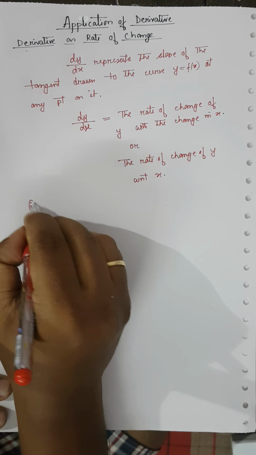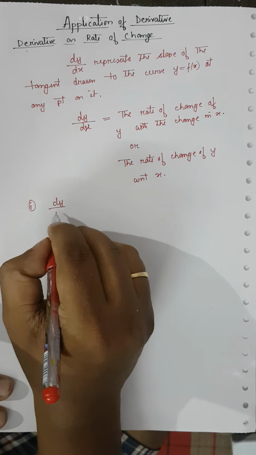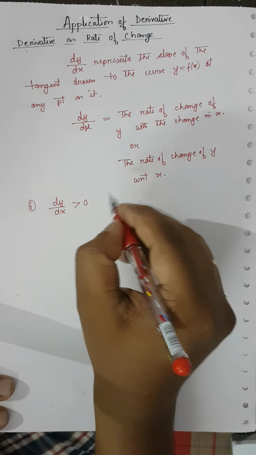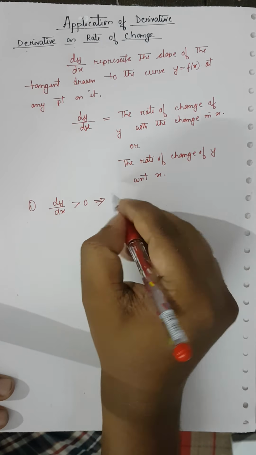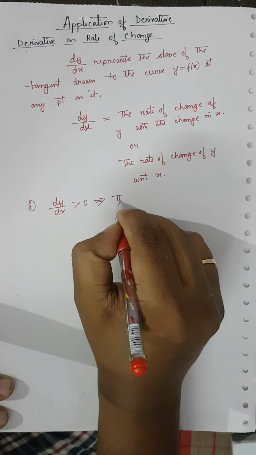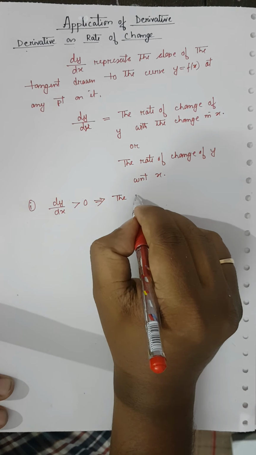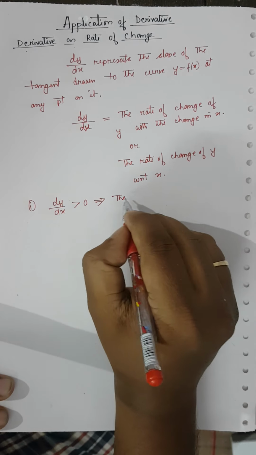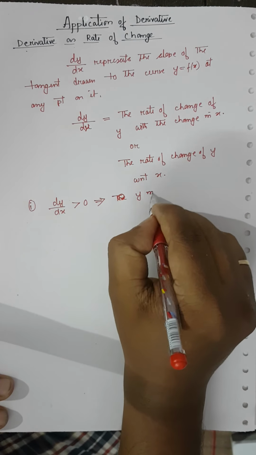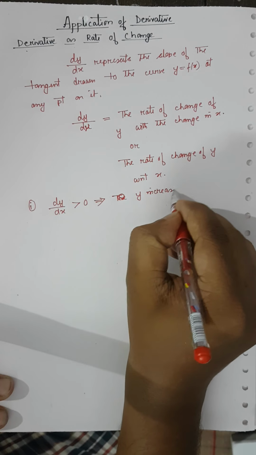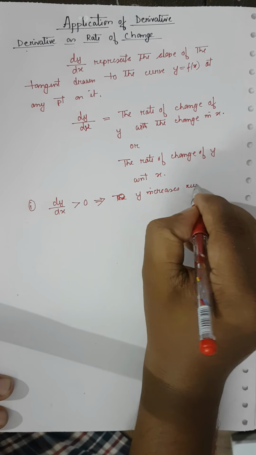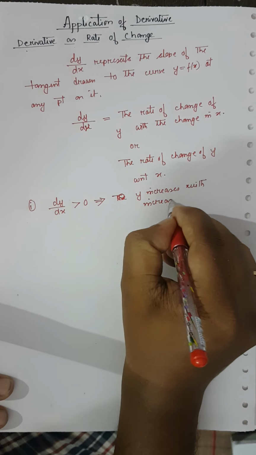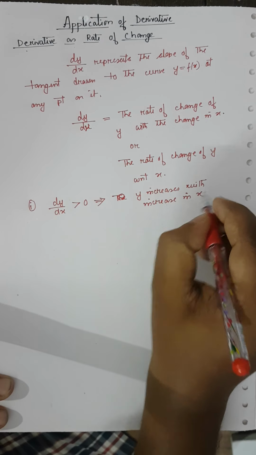Number one, when dy by dx is positive, that is greater than 0, then it represents that y increases with increase in x.